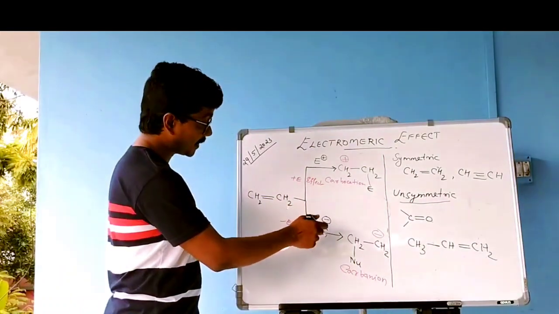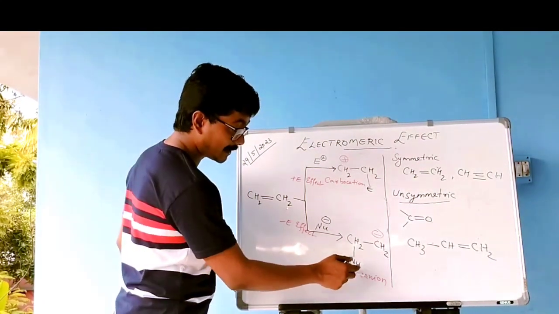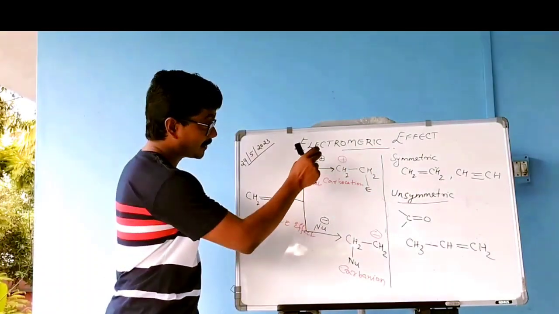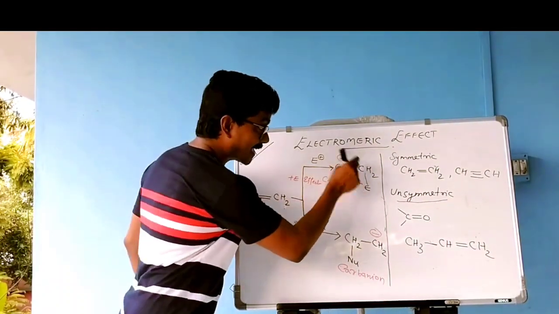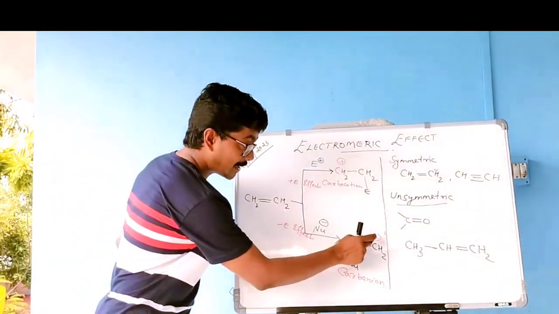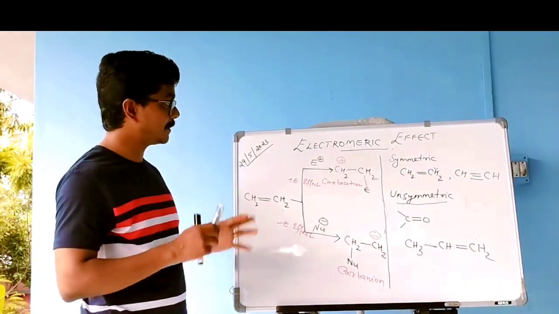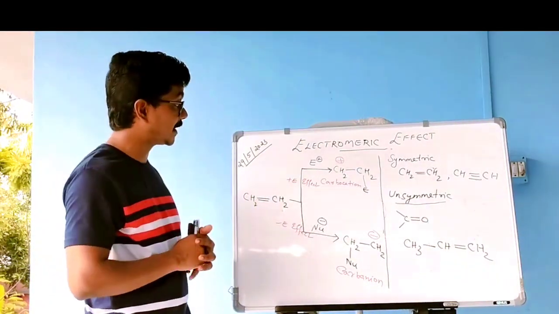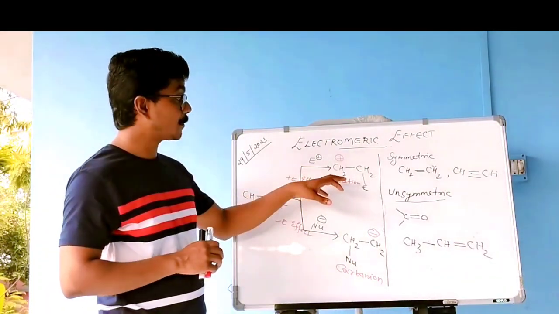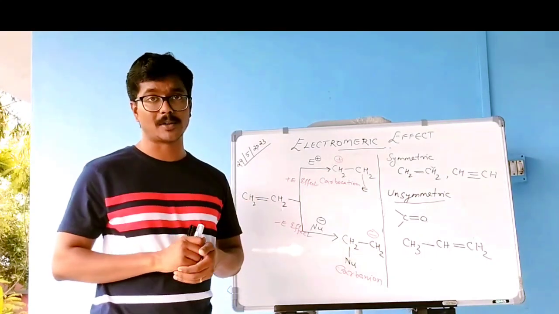When a nucleophile attacks an alkene, leading to the formation of a carbanion, the pi electron and the attacking group attach to the same site, which is called plus E effect as well. In the minus E effect, the pi electrons and the attacking group are at different sites. So the electromeric effect can be used for the formation of carbocation and carbanion, and also to determine the product of an organic chemical reaction.